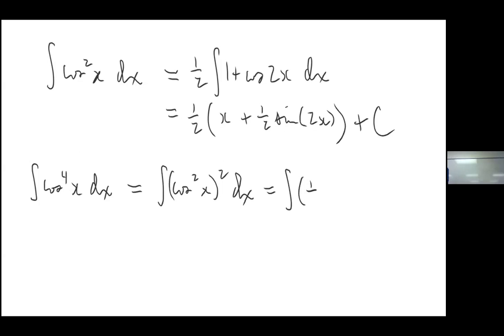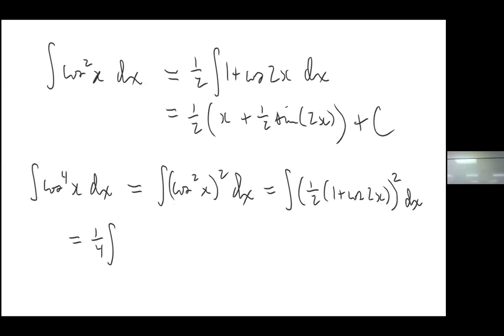So it'll be 1/2 times 1 plus cosine of 2x, squared dx. Okay, let me just go down here. 1/2 squared is 1/4, integral of... let's go ahead and square that other thing, because why not? You know what I'm saying?